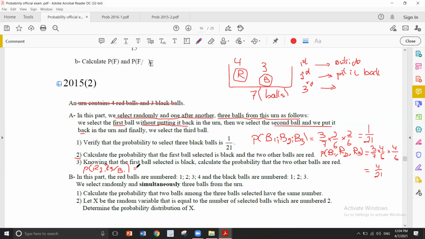What is the probability that the second and the third are red? 4 over 6 times 4 over 6. We get 4 over 9.